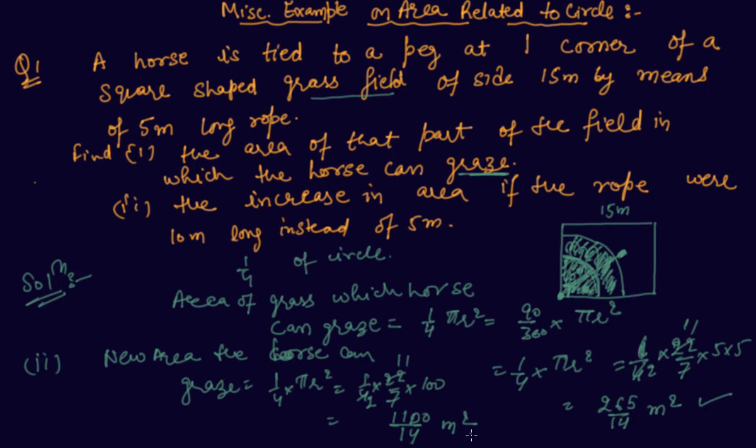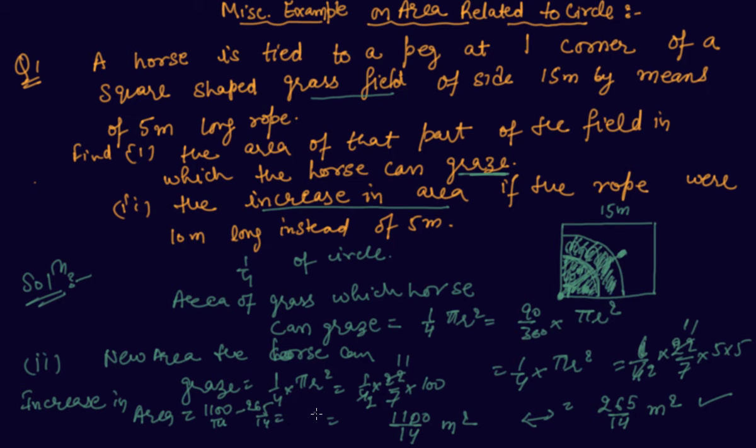So for the change in area, if the question asked us to find the change in the area, then you have to subtract these two areas. But the question asks us for the increase in the area, so I have to tell that the increase in the area will be 1100 by 14 minus 265 by 14.